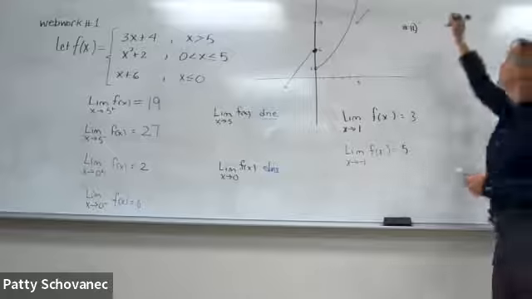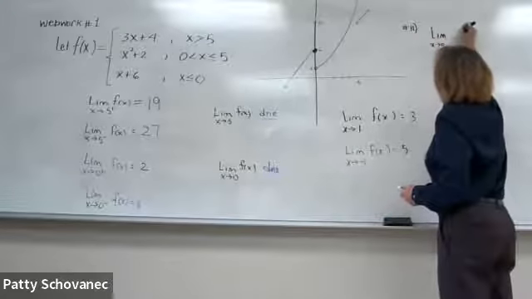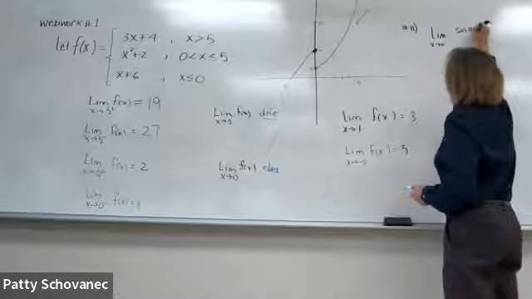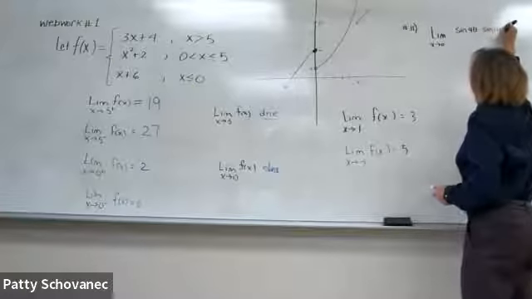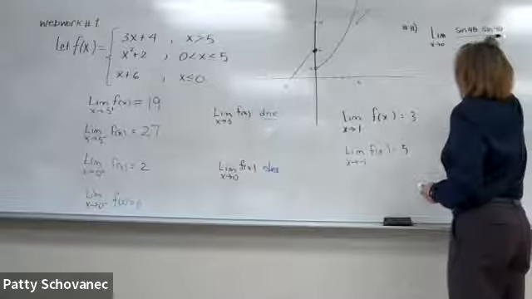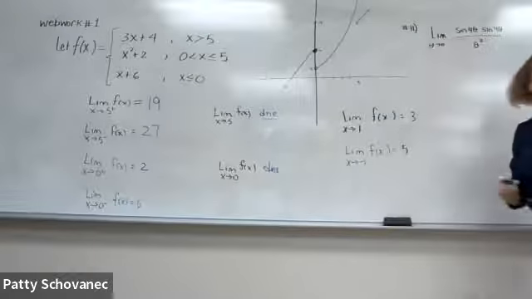The limit as x approaches 0 of the fraction sine of 4 theta times sine of 9 theta over theta squared. I'm going to change that x to a theta. That should be a theta there.